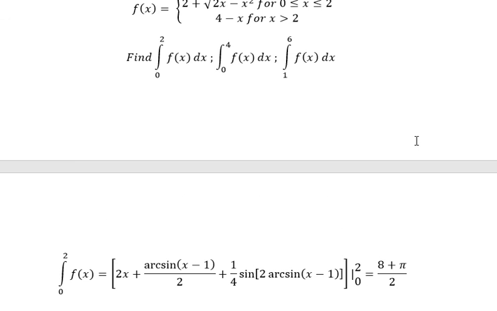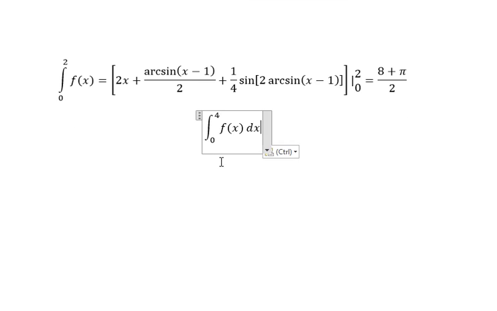Next we have this one. So that should be about the interval from 0 to 2 and 2 to 4.